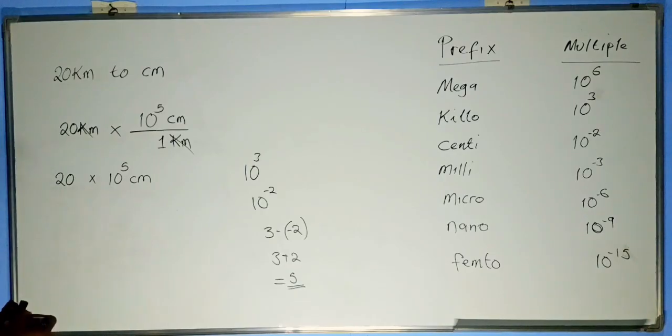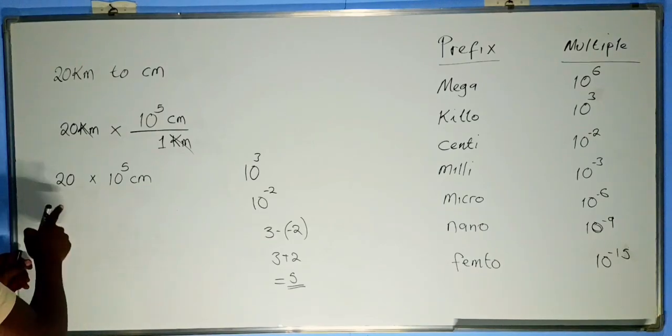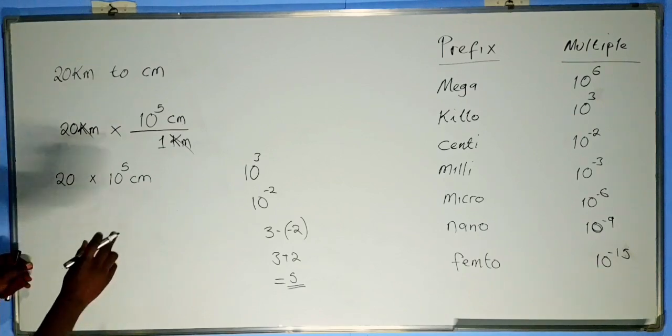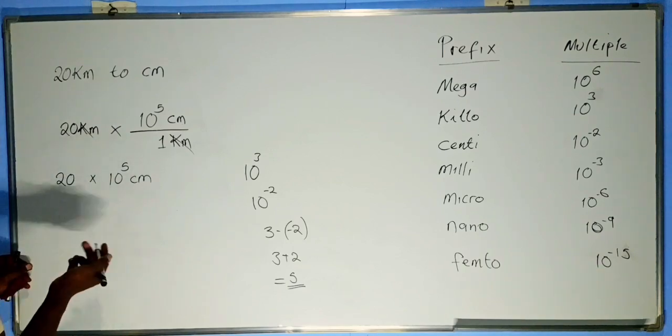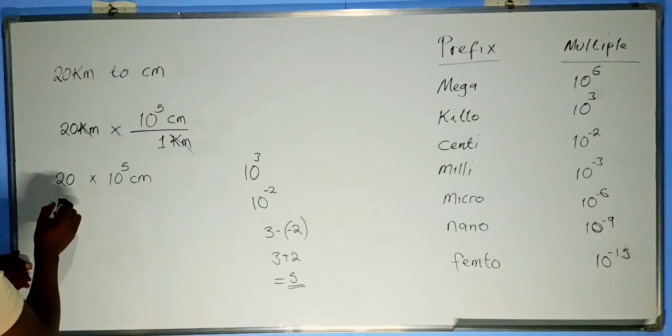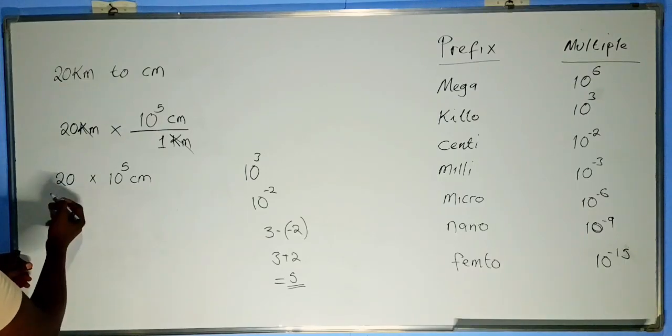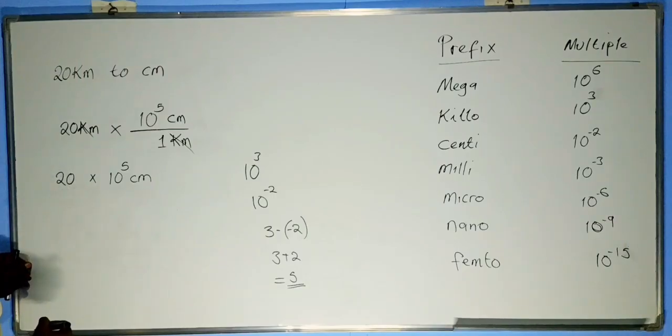But then, this will still be correct, but it's more correct when you put it in standard scientific notation, where the decimal point must be in between the first two digits. In this case, the point is somewhere here, and we don't want it there. We want it in between these two digits.